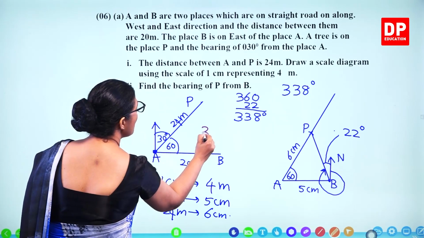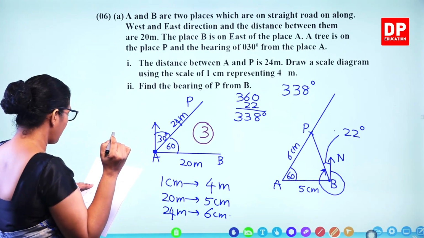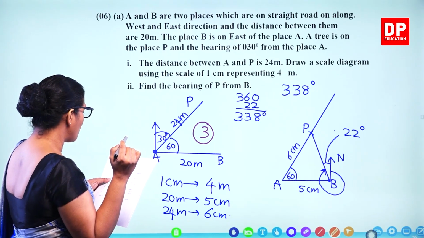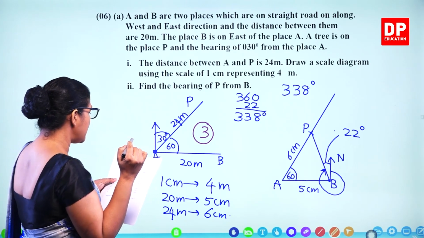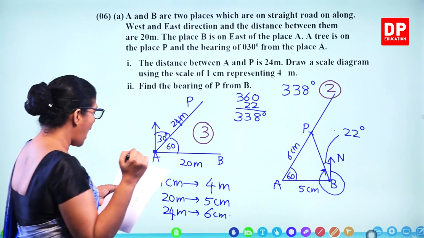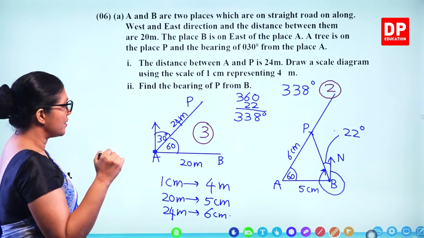So 3 marks for this. And for this part, you get 2 marks. 338, 2 marks. So altogether, 5 marks for this question.